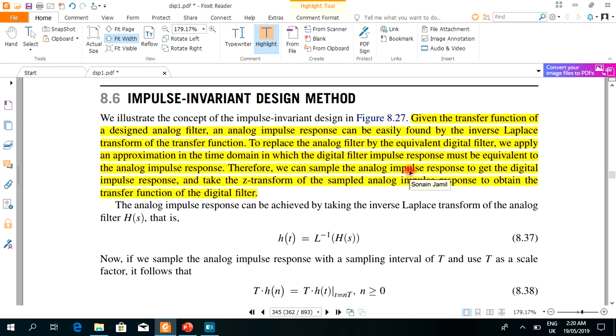To replace the analog filter by an equivalent digital filter, we apply an approximation in the time domain in which the digital filter impulse response must be equivalent to the analog impulse response. Therefore, we can sample the analog impulse response to get the digital impulse response and take the Z transform of the sampled analog impulse response to obtain the transfer function.